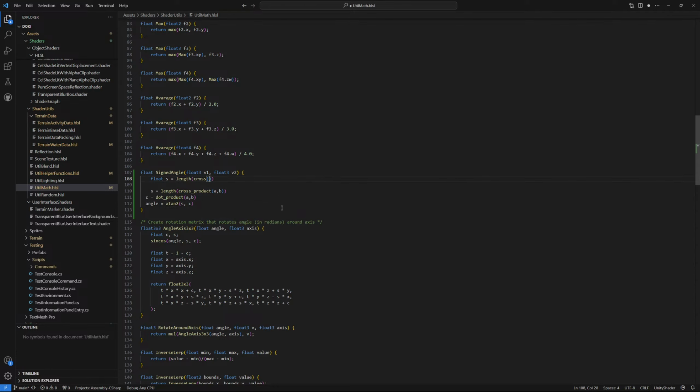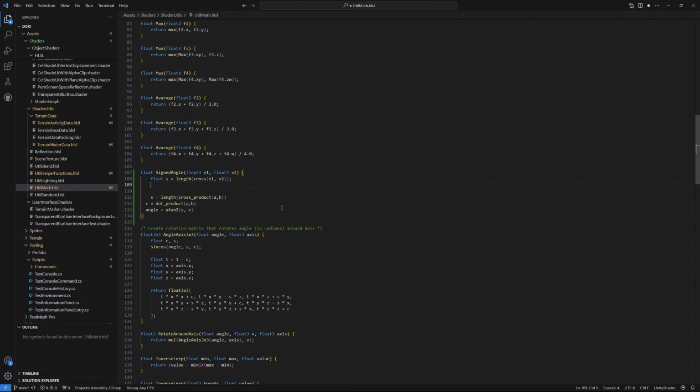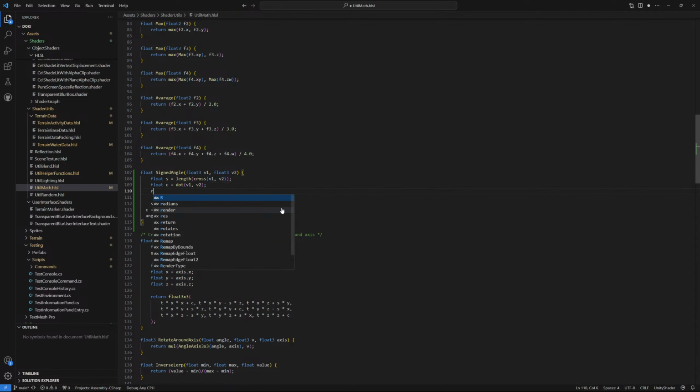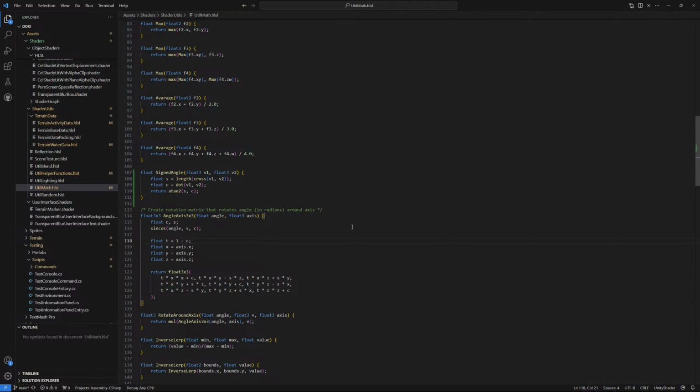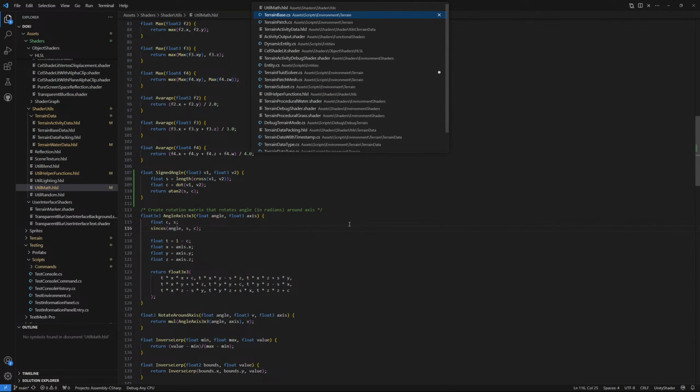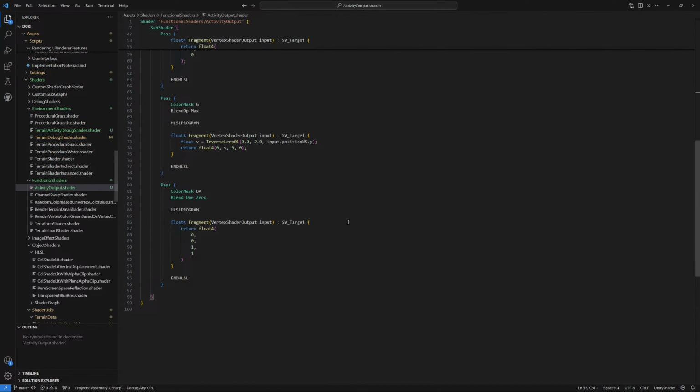And I will do cross v1 v2, float c is equal to dot v1 v2, and then we'll return atan2 of s and c here. So we get between minus 180 and 180.